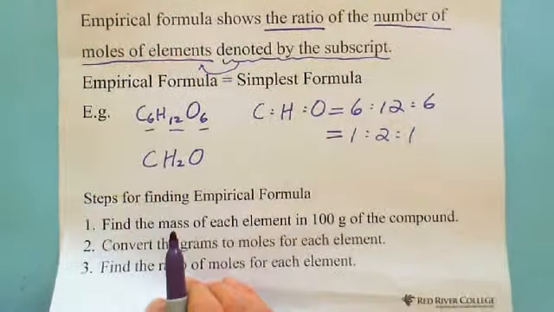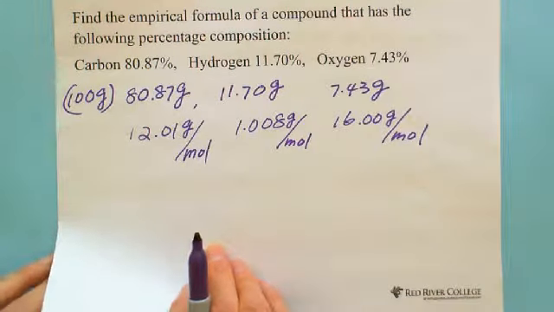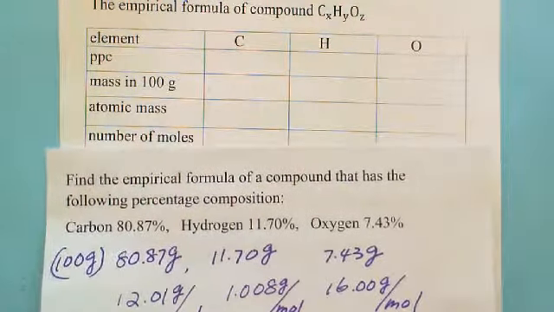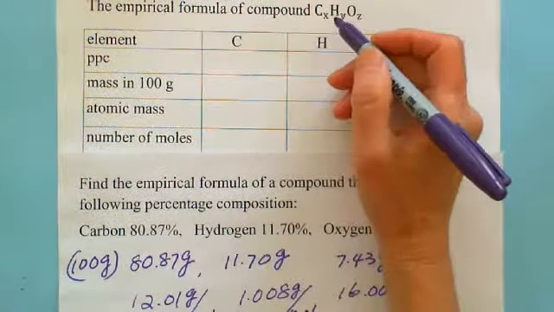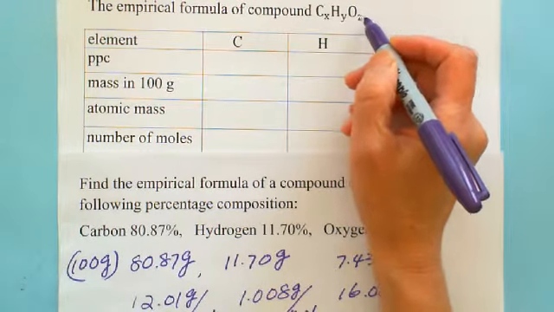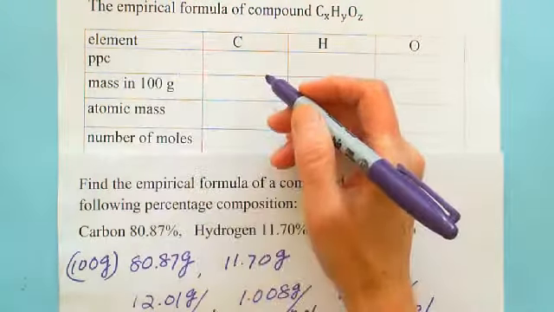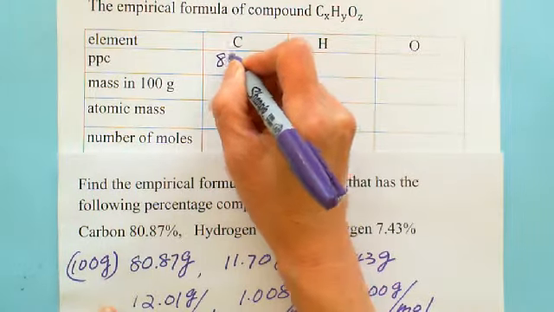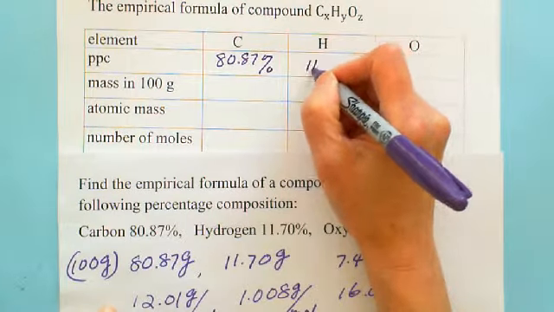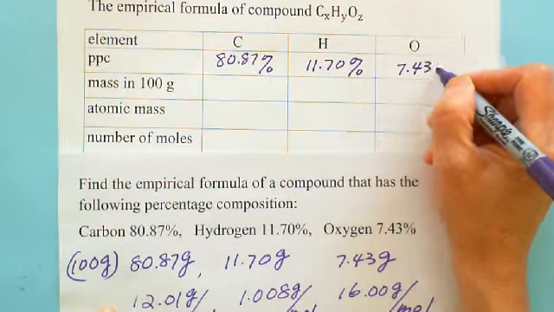I set up a table and put these numbers into it. For the empirical formula of the compound, we write X moles of carbon, Y moles of hydrogen, and Z moles of oxygen. The percentage composition which is given is 80.87 percent, 11.70 percent, and 7.43 percent.